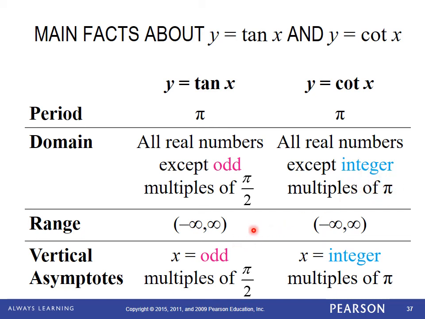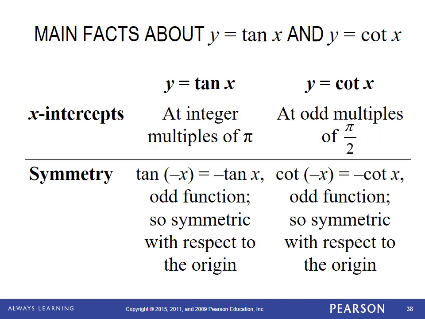The range, both the same. Vertical asymptotes, odd multiples of pi over 2 for tangent, integer multiples of pi for cotangent. And again, more properties here. Do they intersect the x-axis? Yes, they do. For tangent, it's multiples of pi. Cotangent, odd multiples of pi over 2. And the symmetry, they are both odd functions, since they're both reciprocal functions of each other.